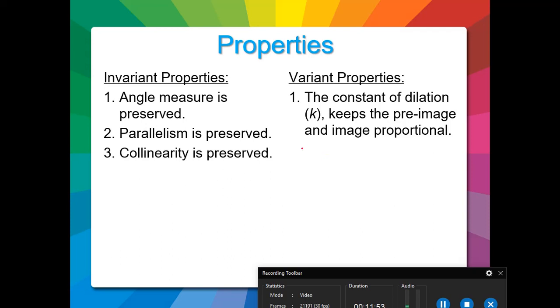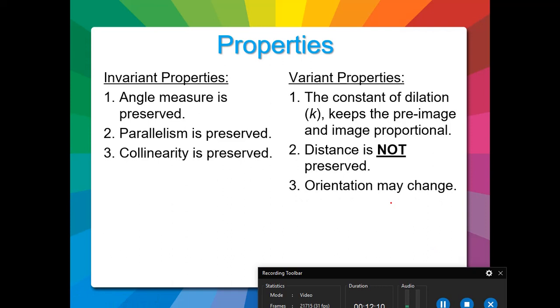All the ratios of the sides should be the same. So that confirms that distance is not preserved. If your pre-image had side lengths of 4, your image might now have side lengths of 2. And the orientation may change. If your scale factor is negative, we're going to flip the object over when we dilate it.